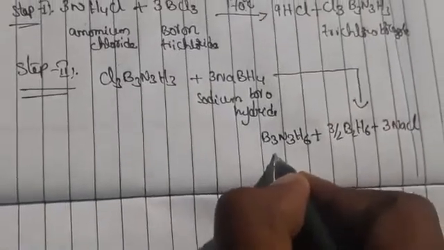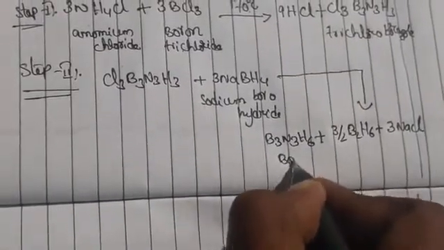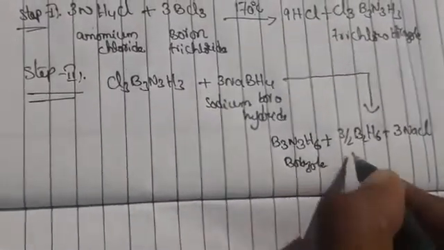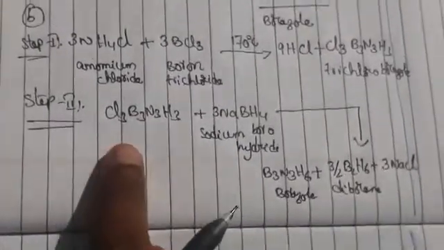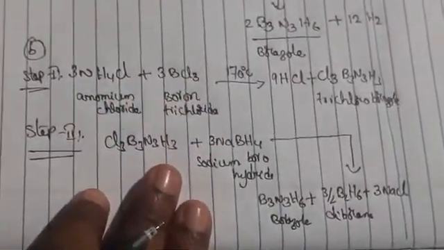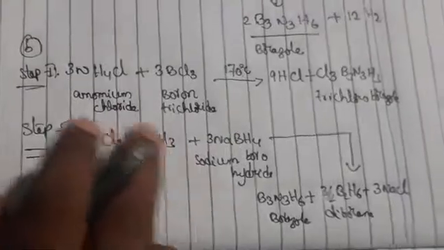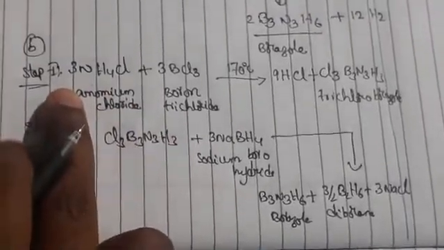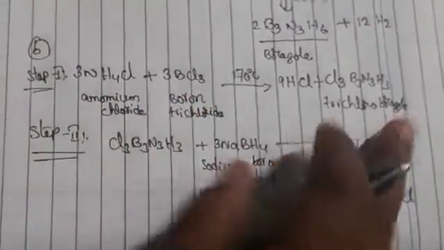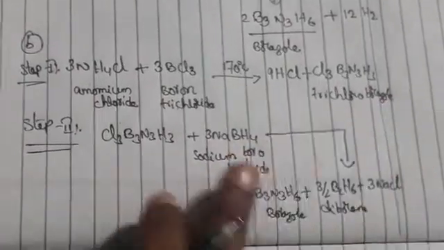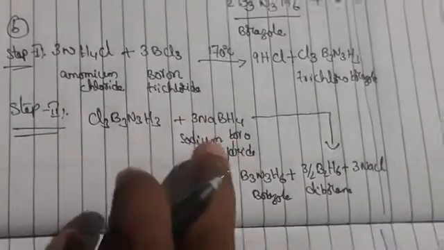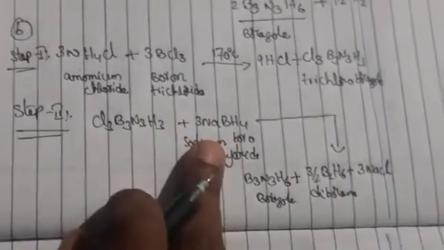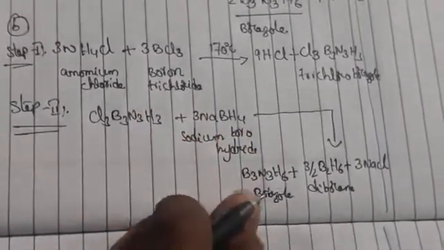So in this second preparation, in two steps, ammonium chloride is treated with boron trichloride to form trichloroborazole. This trichloroborazole undergoes reduction, treated with sodium borohydride, to form borazole and diborane.